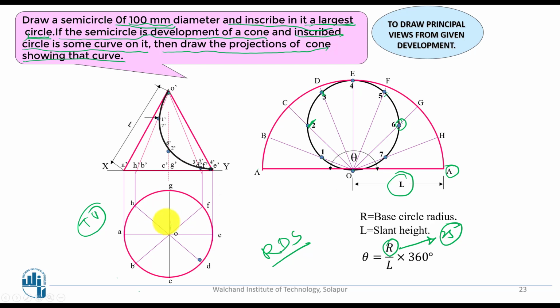As far as these points are concerned, these particular points you can directly transfer here. Suppose this point is there on the line as O1 and O7.